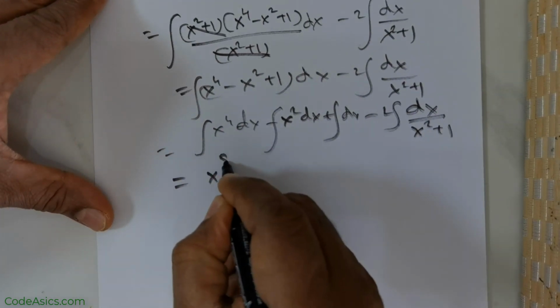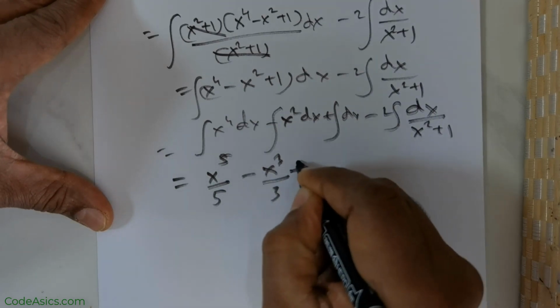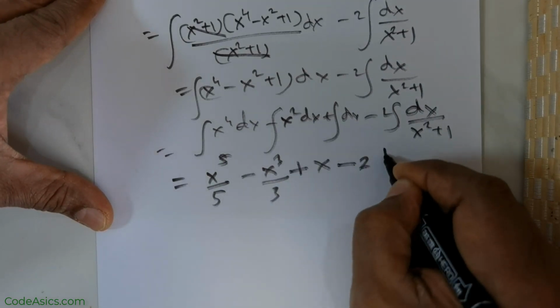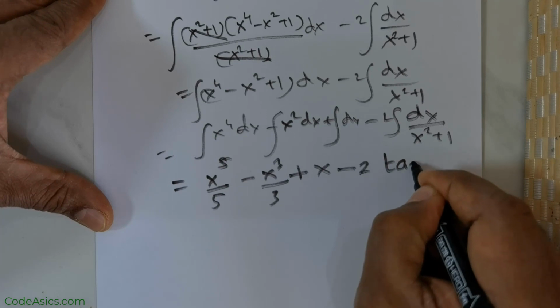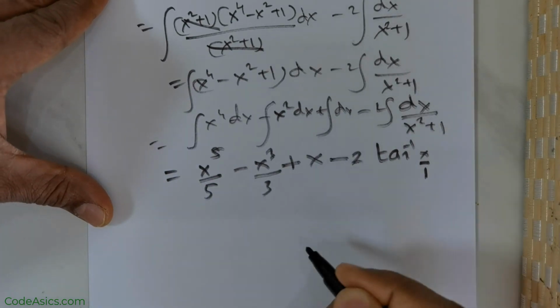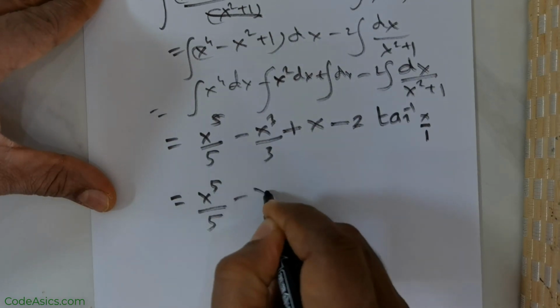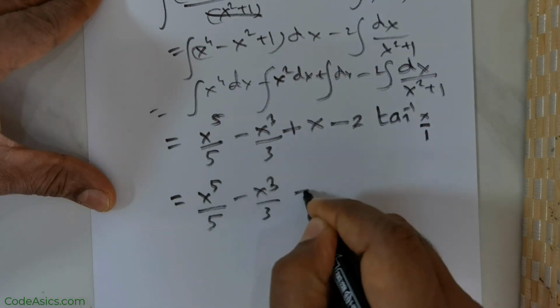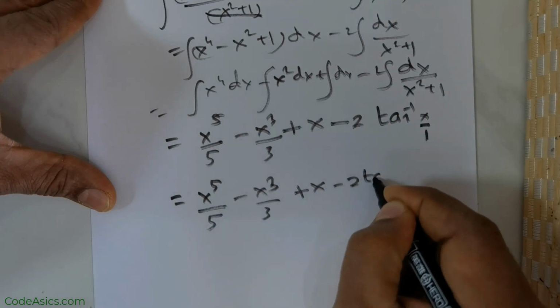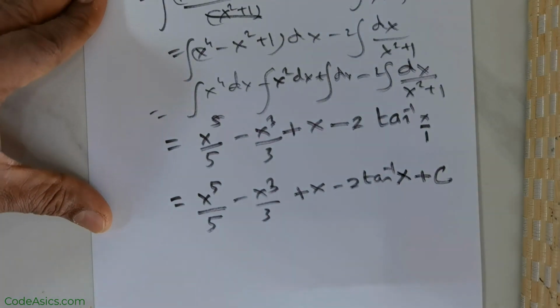This upon integration will give you x to the power of 5 divided by 5, minus x cubed divided by 3, plus x, minus 2 times, the integration of this is going to be tan inverse of x over a, where a is 1. Rewriting this, you would get x to the power of 5 divided by 5, minus x cubed divided by 3, plus x, minus 2 times tan inverse of x, plus an arbitrary constant c.